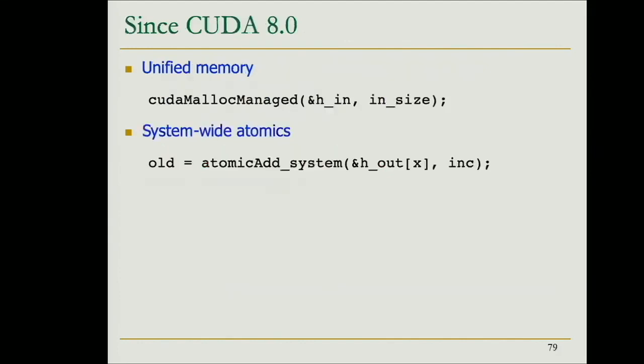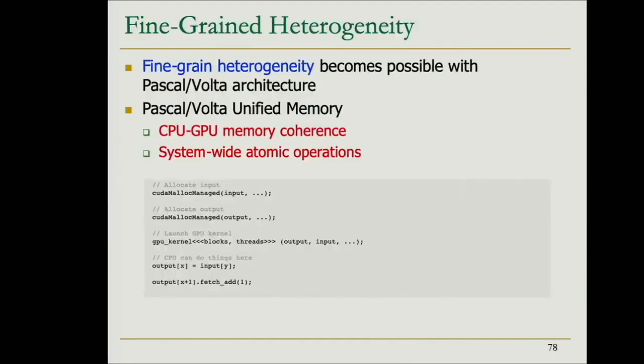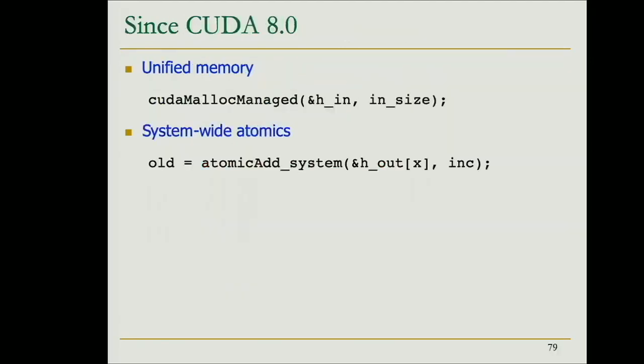So these are the APIs, cudaMallocManaged that you have already seen, and it's also possible to have system-wide atomics. Now it would be possible to have one single histogram that is being updated by the GPU threads and the CPU threads, for example using this fetch add on the CPU side. On the GPU side, you would need to use this atomicAdd_system. It's a kind of atomic add, but over the entire unified memory.